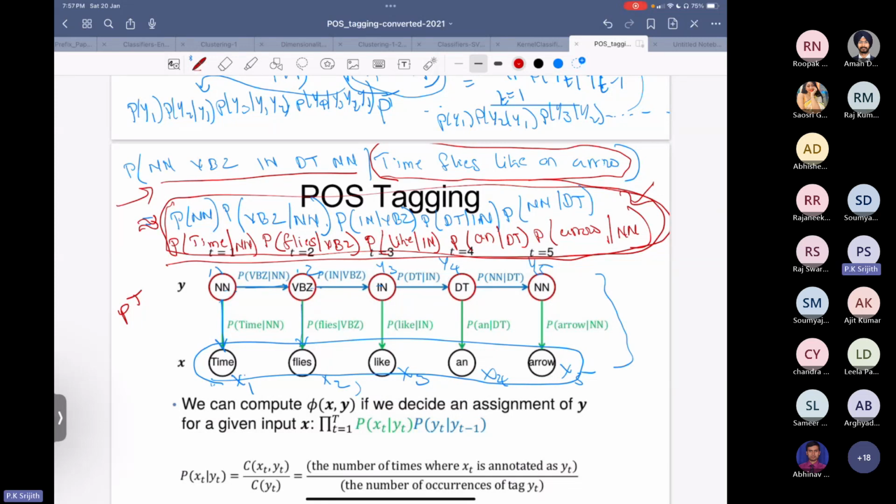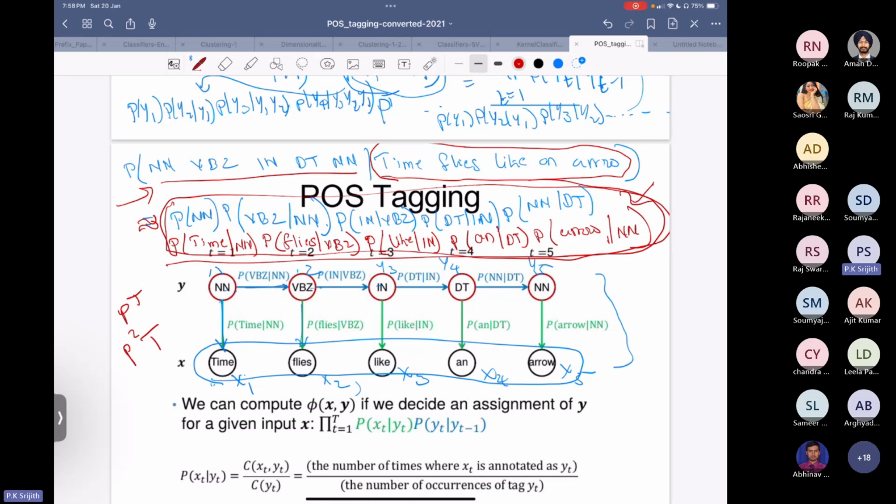We can perform this argmax without evaluating all P raised to T possible tag sequences. Instead, we can do it with just P squared times T operations.